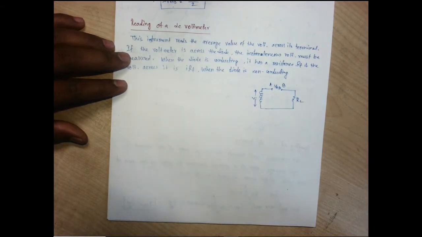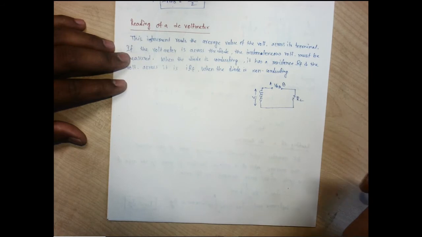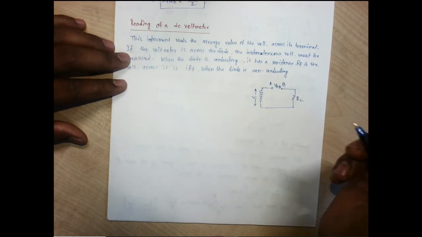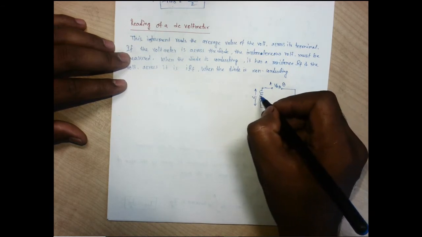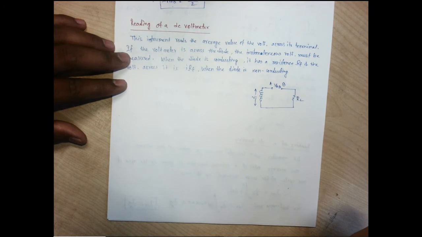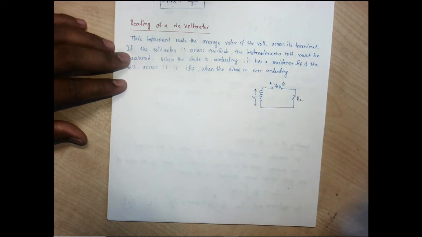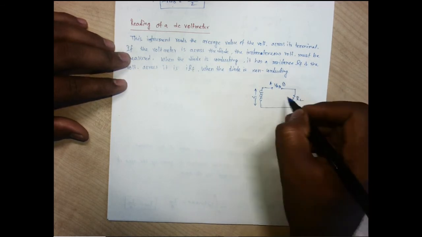Is it clear or not? Just try to understand. Current is not flowing, as it is an open circuit, so this voltage which appears across the secondary of the transformer will be applied across this diode, or this open circuit, terminals A and B. There is no current.